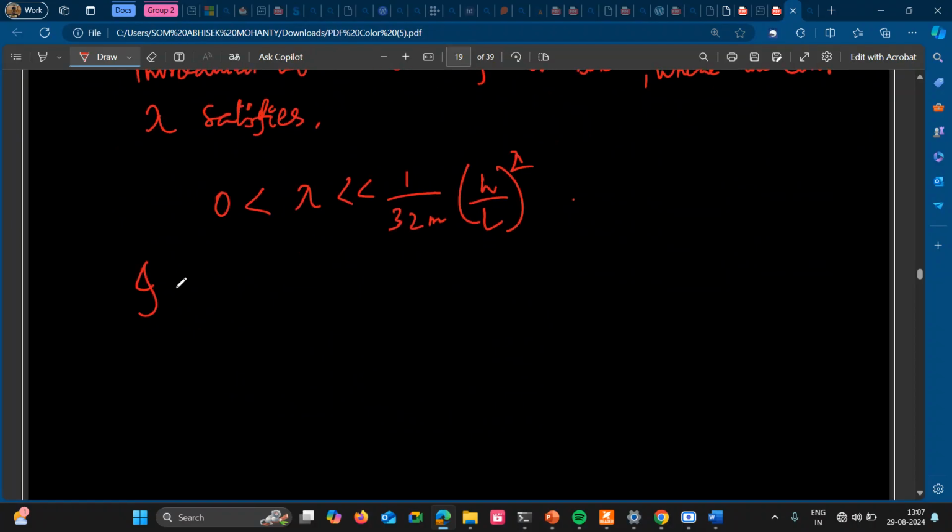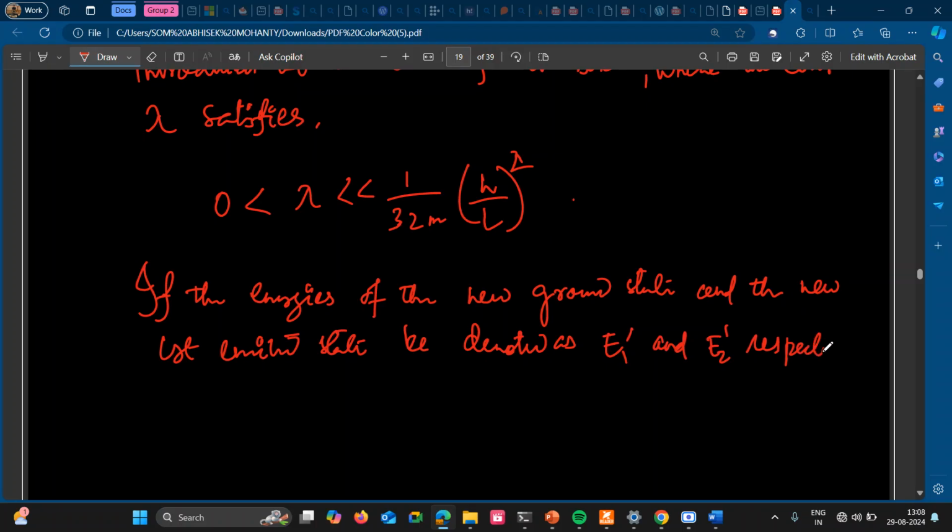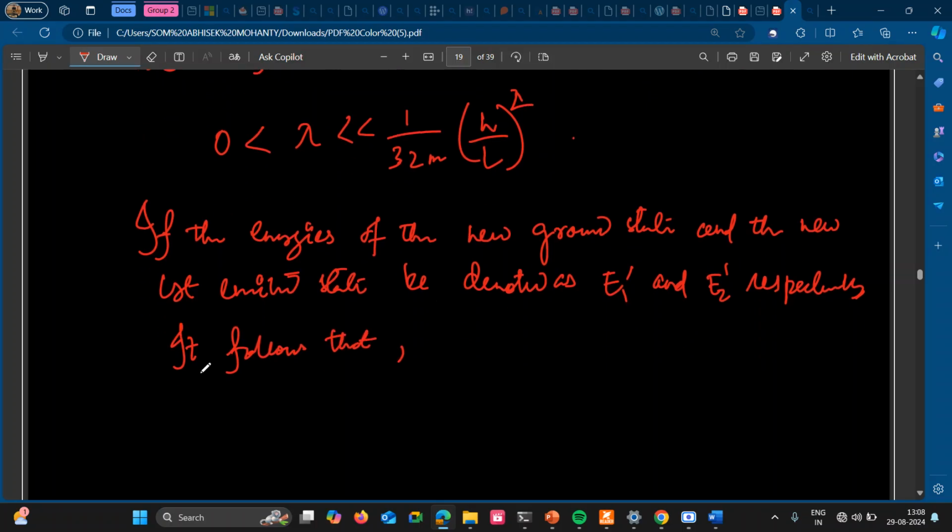Now if the energies of the new ground state and the new first excited state are denoted as E1 dash and E2 dash respectively, it follows that, what should be the condition for it?